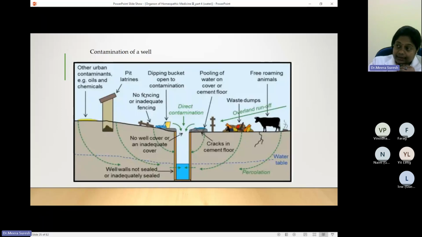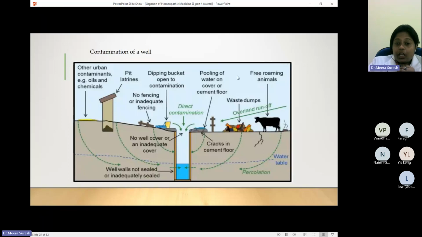Like in the case of tanks, people come over here and do their ablutions, their washing, and that water flows back to the wells. Then there can be some waste dumped over there, which can get mixed with the underground water. Even the domestic animals brought there to wash or to drink water, even their waste materials can get into the groundwater.